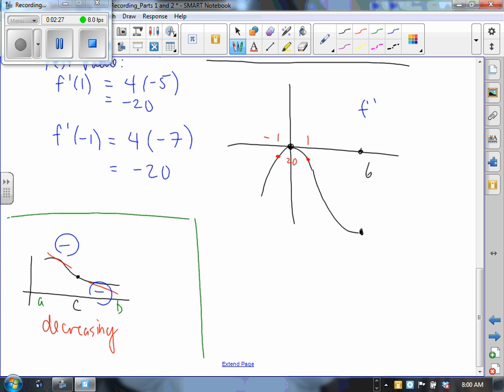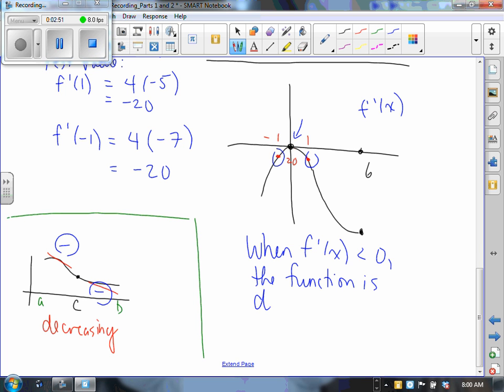This is f prime at x. Because we ended up with negative values on either side of the critical number, remember that when f prime at x is less than 0, the function is decreasing.